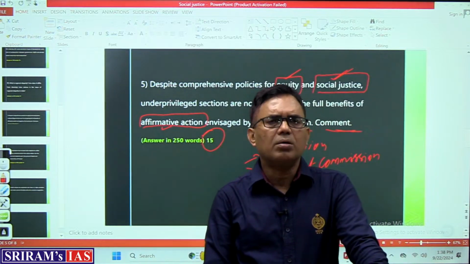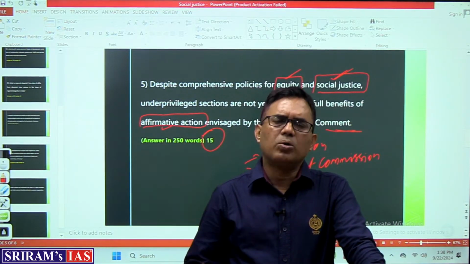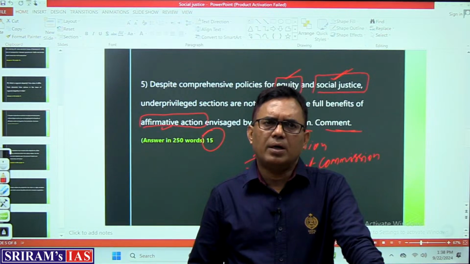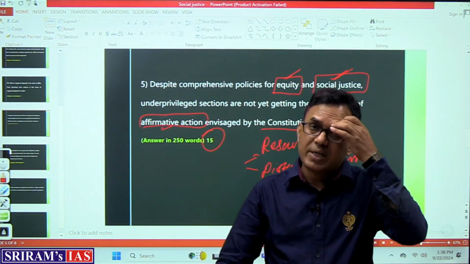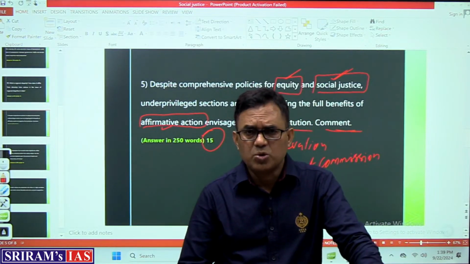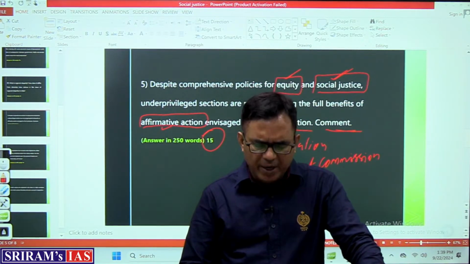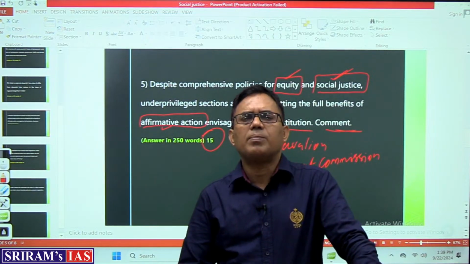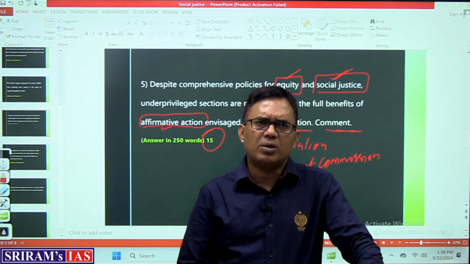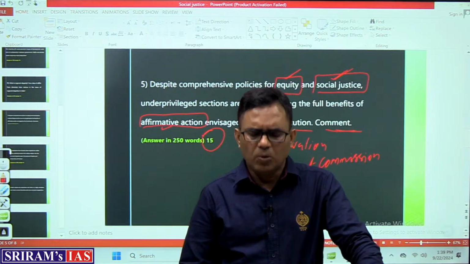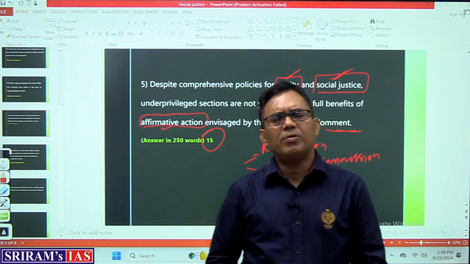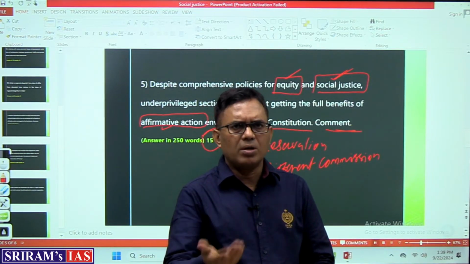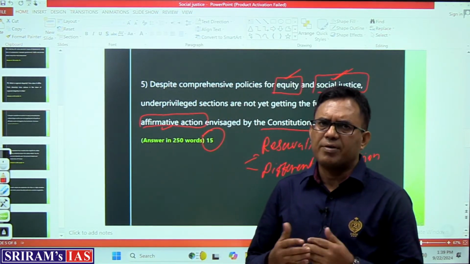And just to ensure inclusive growth, just to ensure the fair distribution of resources and opportunities to all sections of society, our constitution makers have made many important provisions in our constitution, keeping in mind the requirement of social justice. So, we have also followed the principle of equality and the principle of difference, as Rawls suggests, in terms of affirmative action.